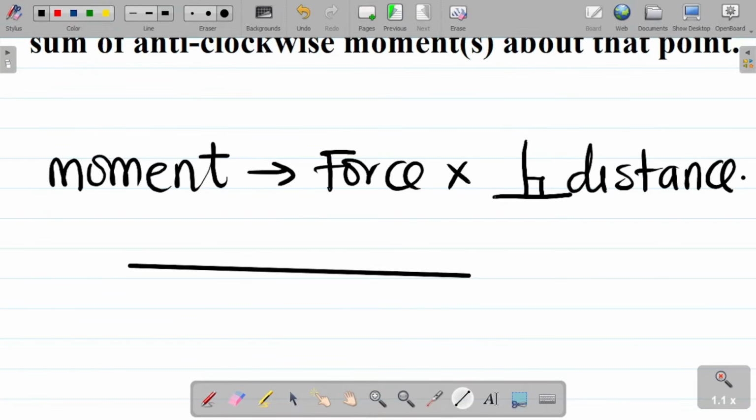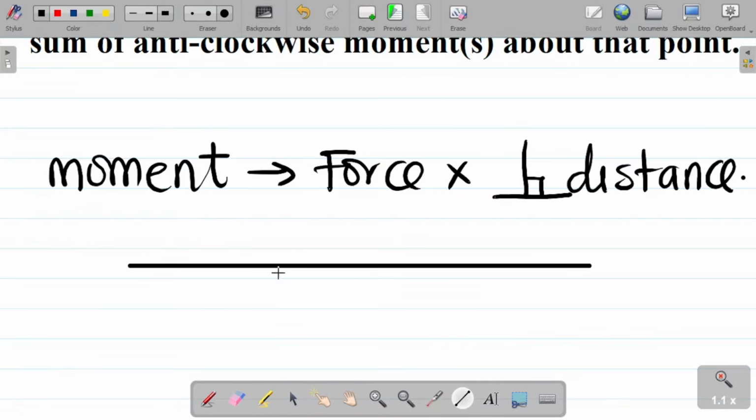So if I have a particular distance such as this one here, and a force acting this way, whether upwards or downward. Let's say I have a force F here, and let's call the point where F acts A, and let's call the other point B. So we can get a moment from this.